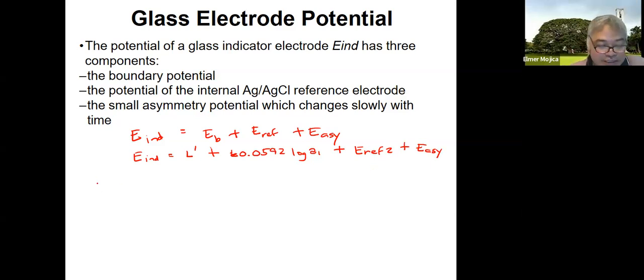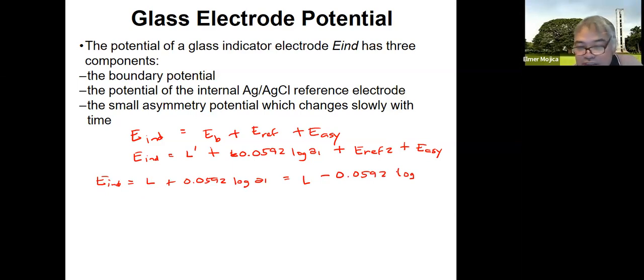Or we can put it as E equals L plus 0.0592 log of A1. And this also equals L minus 0.0592 pH, where L is just a combination of L prime, E reference 2, and the asymmetry potential.